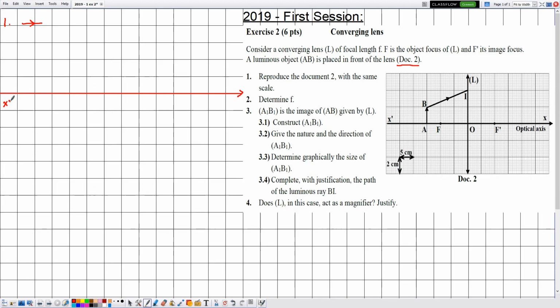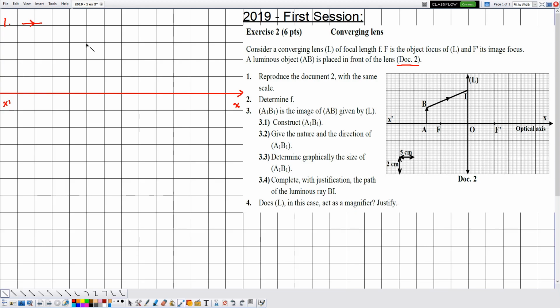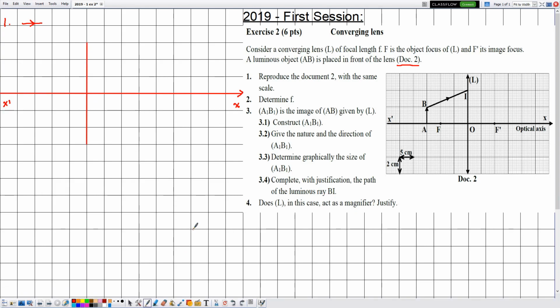So this is x prime x. Then we place the lens L perpendicular to the optical axis at the center using the correct symbol. And now the intersection between the optical axis and the lens L is the optical center O.